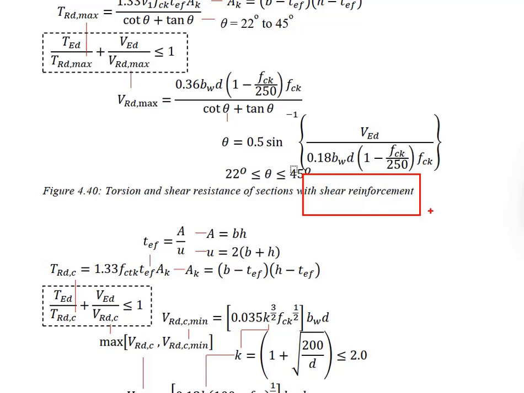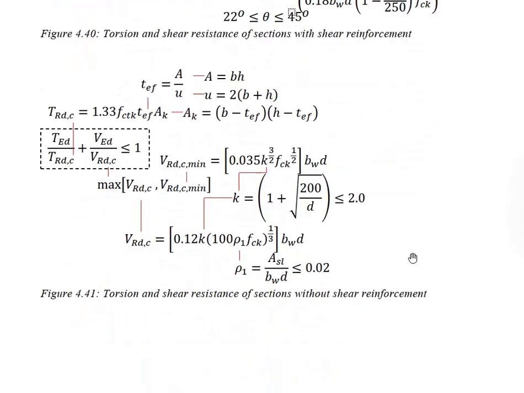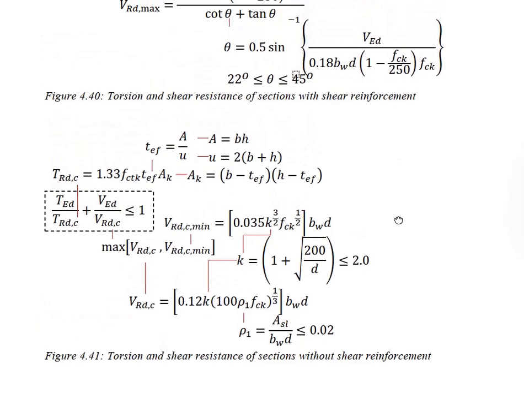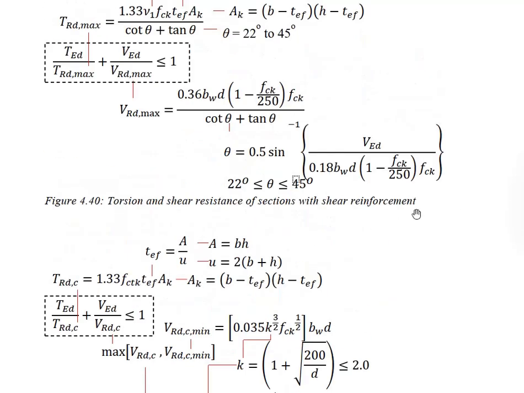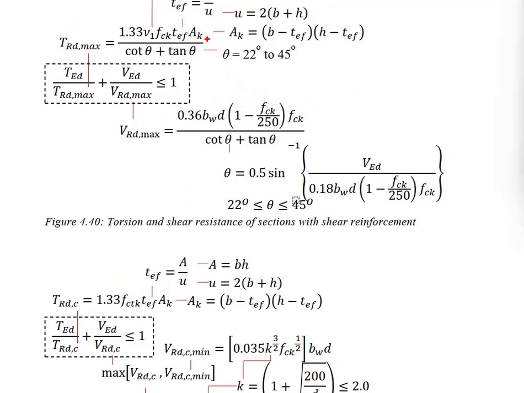Although the structures of the interactive formulas look similar, they are actually developed on the basis of different models. The one with shear reinforcement is developed from an imaginary truss model, whereas the one without shear reinforcement relies purely on the resistance of the concrete itself. I believe by now you have no issue with the resistance in terms of shear, without shear reinforcement and also with shear reinforcement. Just that for the equations for torsional resistance you have to pay attention.